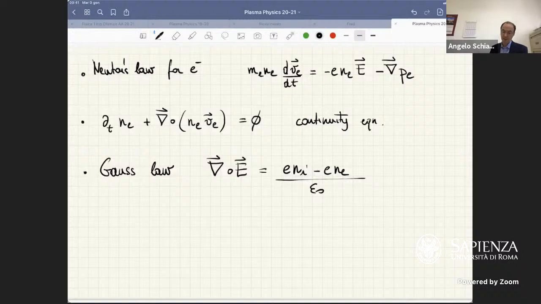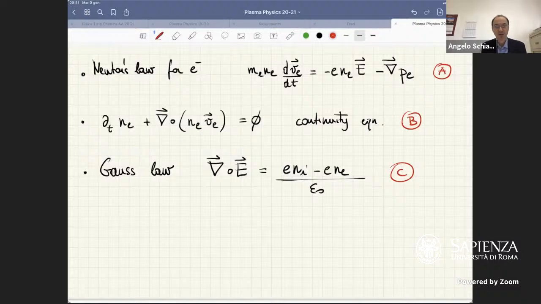Okay, so we'll give a name to each and then take a break. We have equation A, Newton's law, equation B, the continuity equation, and equation C, Gauss's law, which is the source term.